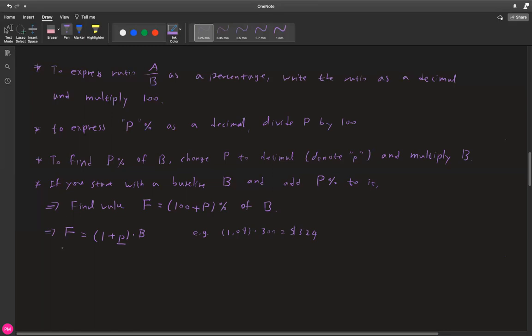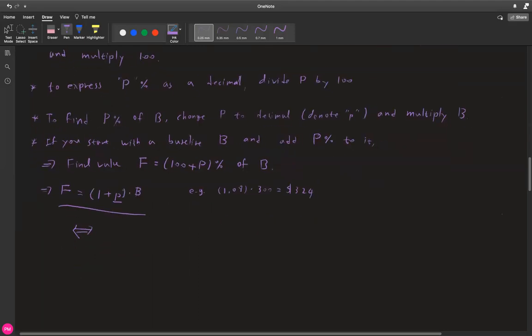So now that we've established the formula, the equation, knowing this is an equivalent statement to saying that the baseline is simply found by dividing f by 1 plus p.